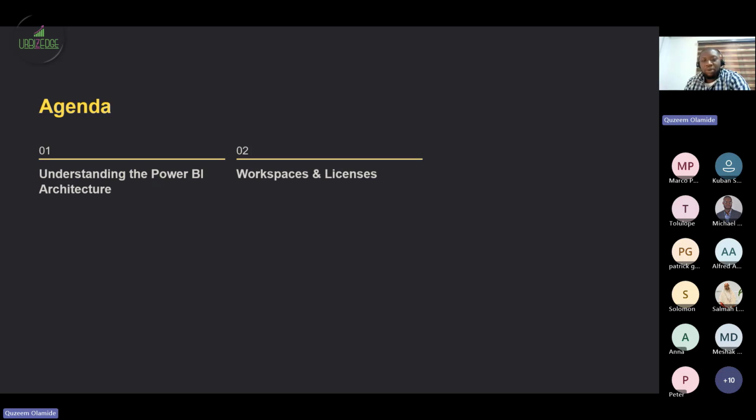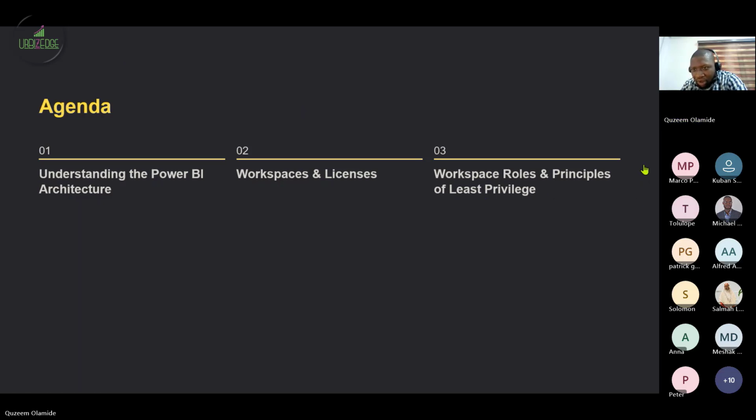Then we move on to talking about workspaces and licenses. Then we also talk about workspace roles and the principle of least privilege. Then we'll move on to report versus dashboard. This is after we've published our reports to the workspace in Power BI service.